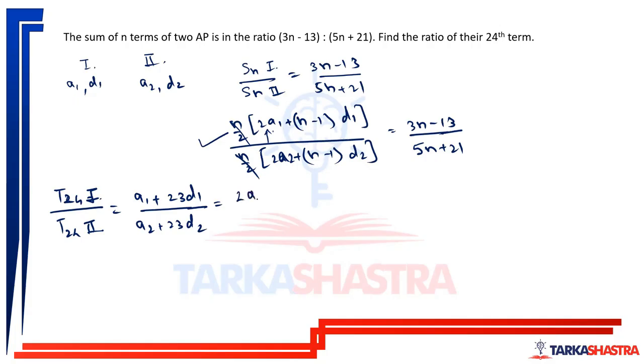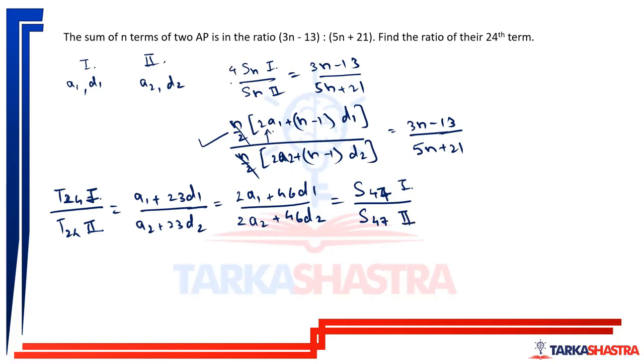So you will have 2A1 plus 46D1 upon 2A2 plus 46D2. This is nothing but the sum of first 47 terms of the first series and the sum of first 47 terms of the second series.